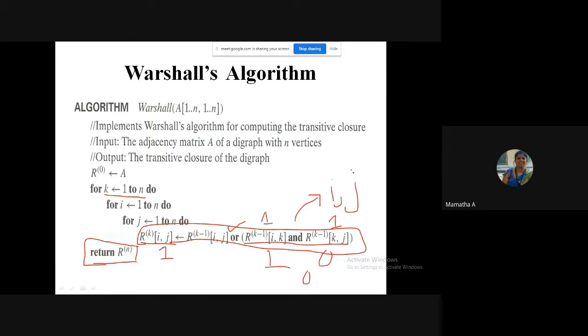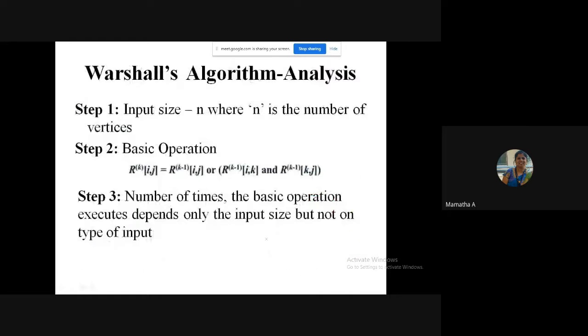Let us analyze the algorithm. As you can see, step 1 is nothing but the input size, and you all know the input size here is the number of vertices of the graph. n is your number of vertices.